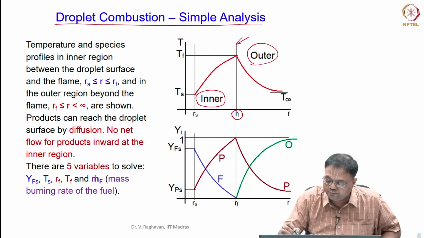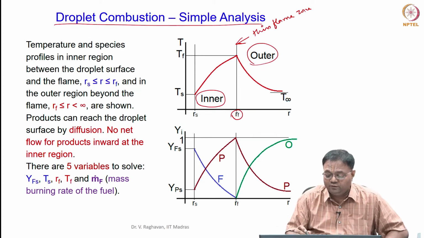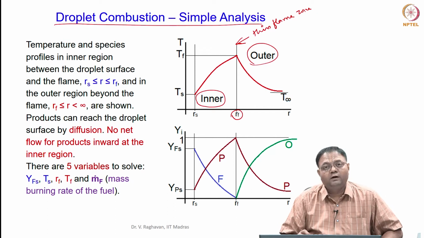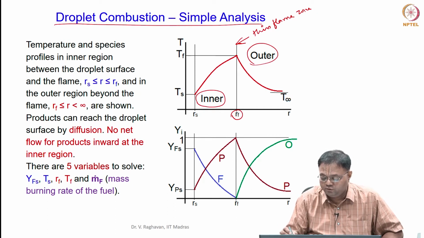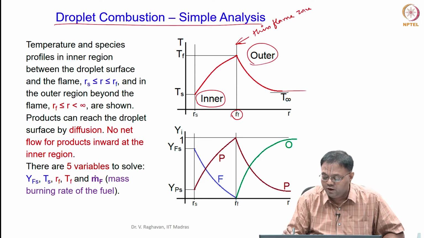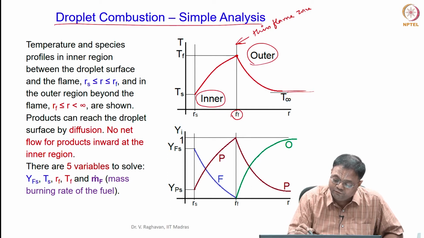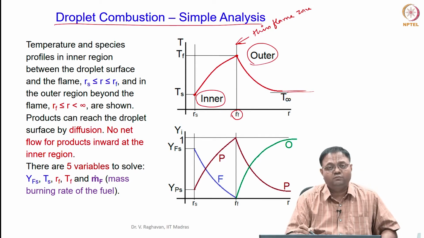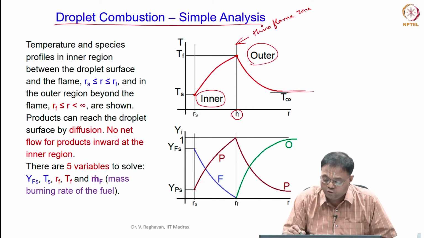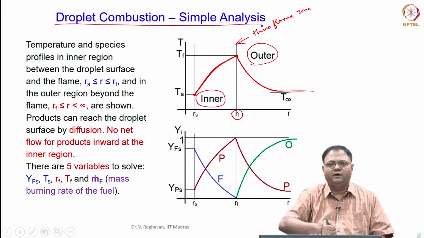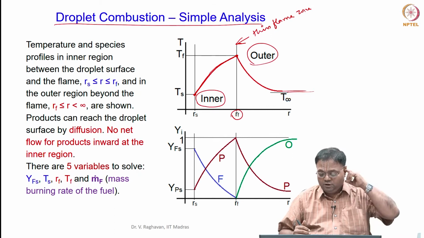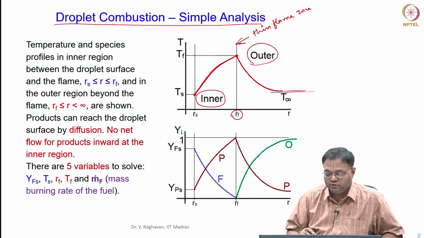From there, the temperature decreases towards the ambient, asymptotically reaching the ambient temperature after a long distance. In the inner zone there is a definite flame temperature Tf and a definite temperature Ts, which under steady conditions is constant. An exponentially non-linear decrease will be there. So, this is the profile for the temperature in the inner and outer zones.